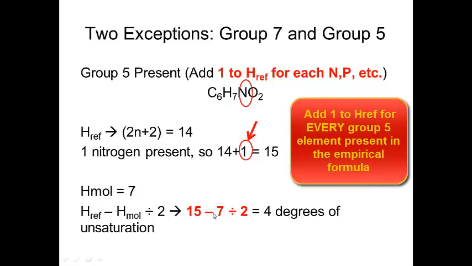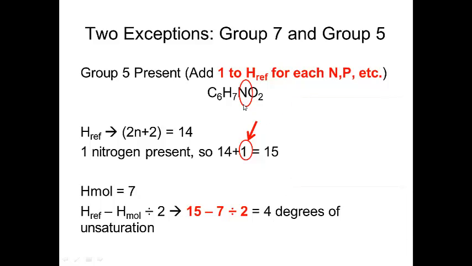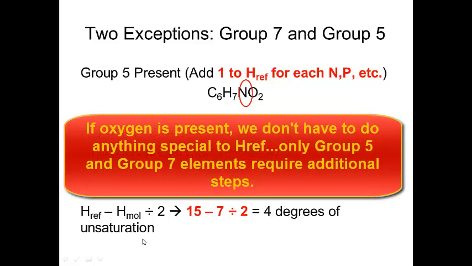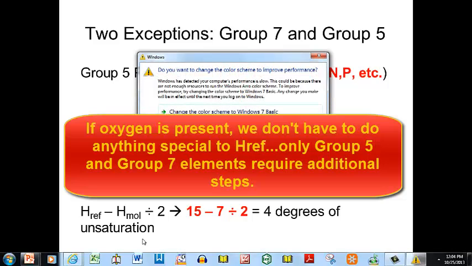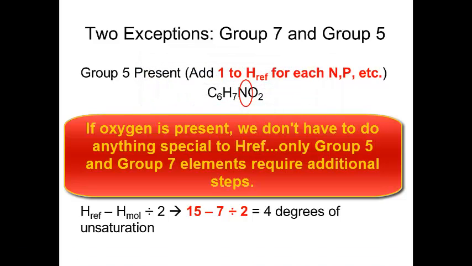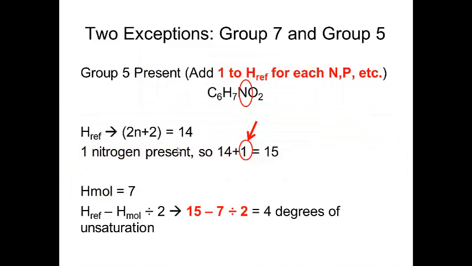And then 15 minus 7 divided by 2 would mean that this particular molecule with this empirical formula has 4 degrees of unsaturation. Again, that means it could have 3 rings and 1 double bond. It could have 3 double bonds and 1 ring. It can have 4 double bonds.